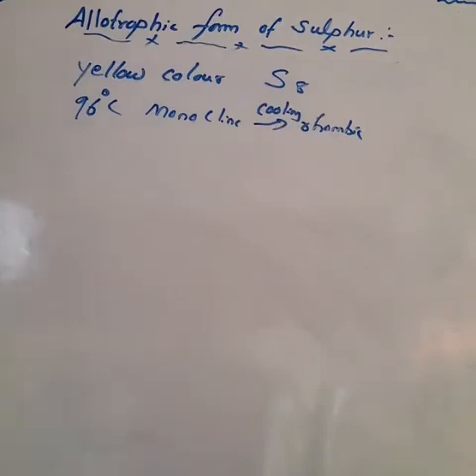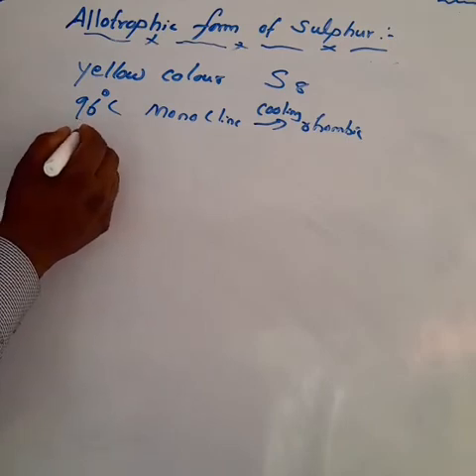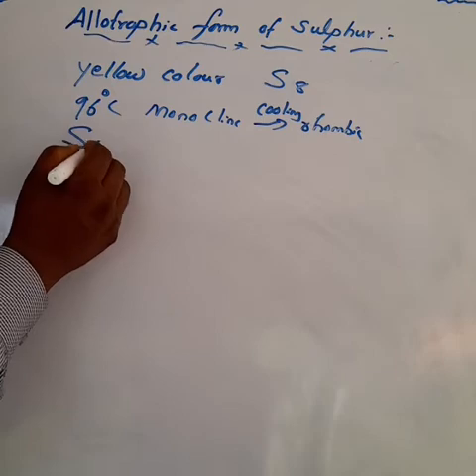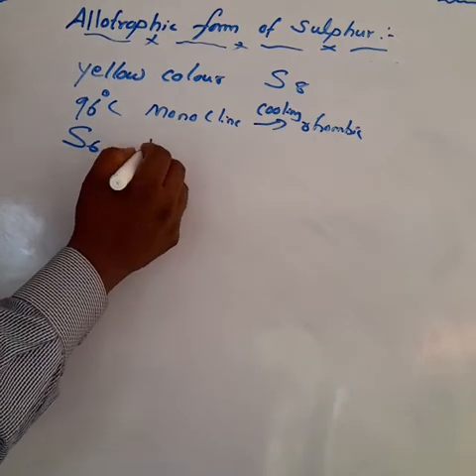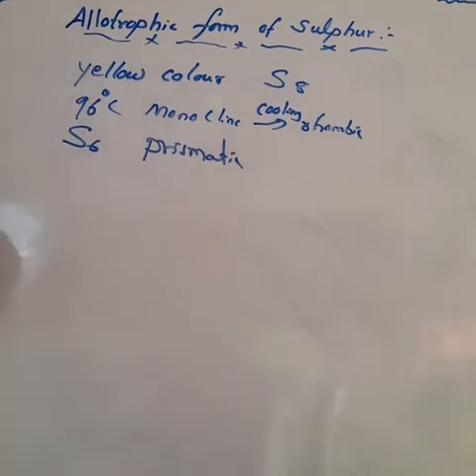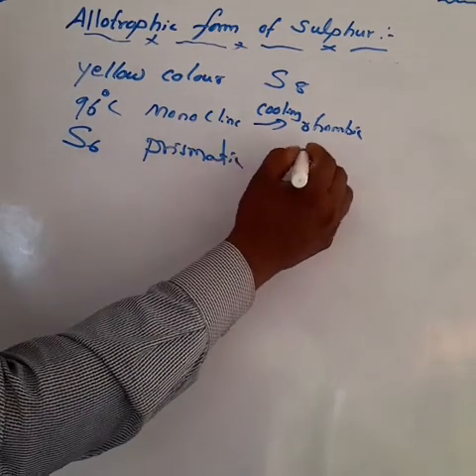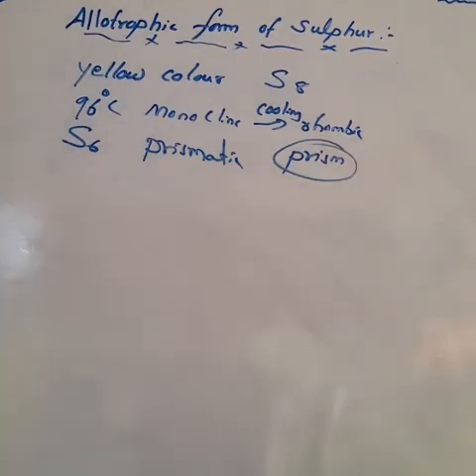Monoclinic sulfur also has S8 molecules, and also a small amount of S6 molecules. It is also called prismatic sulfur. What's the reason? It exists as long needle-like prisms. Prisms, I think you may have learned in the physics practical in 10th grade.